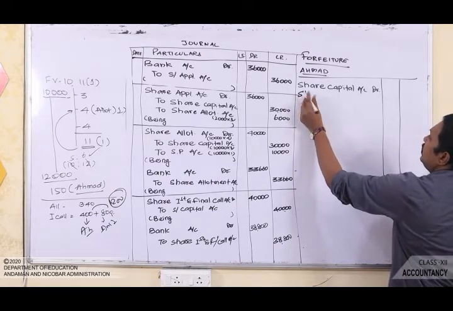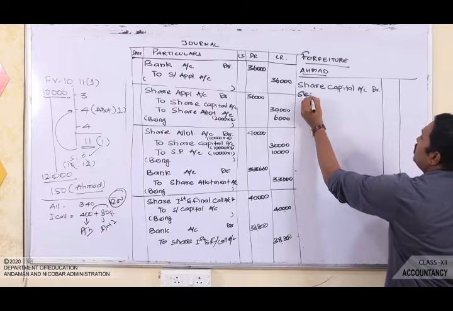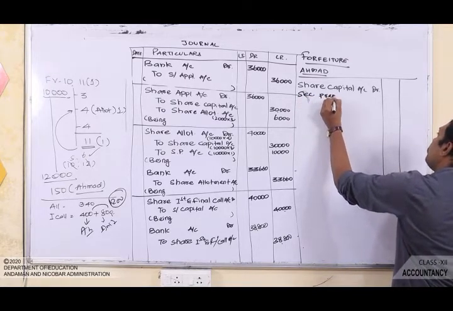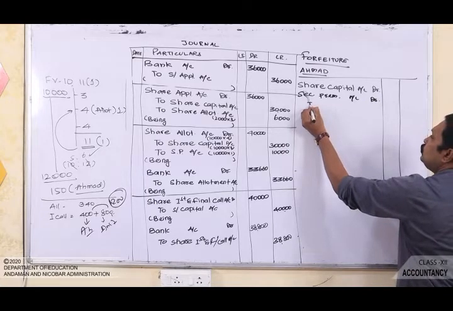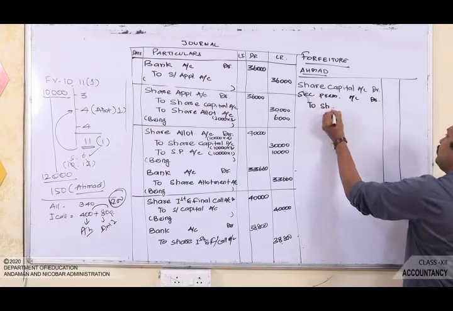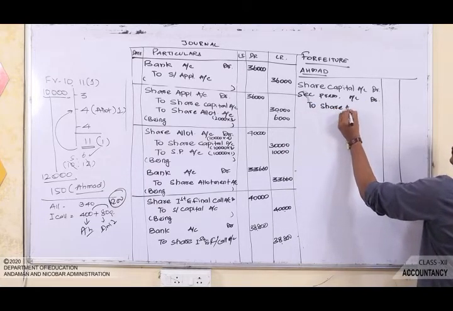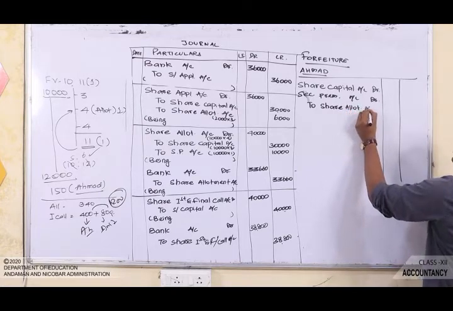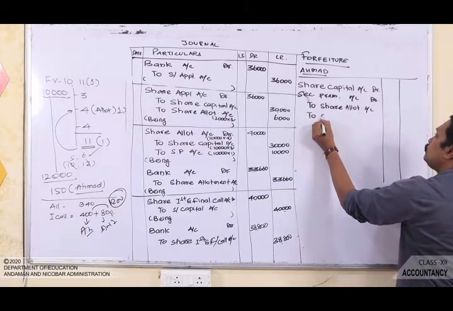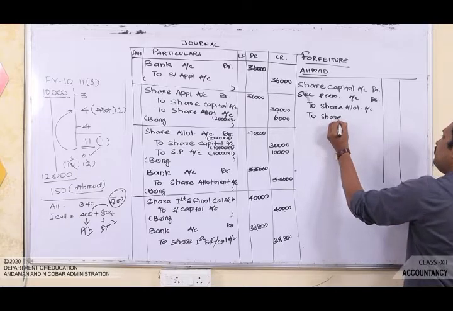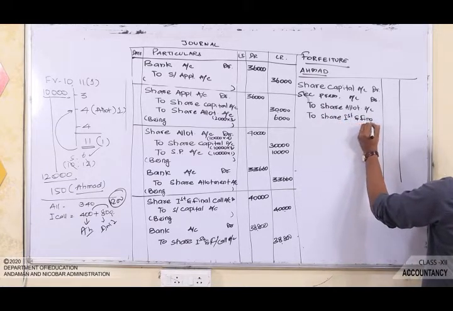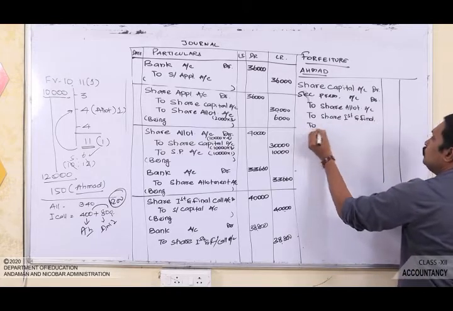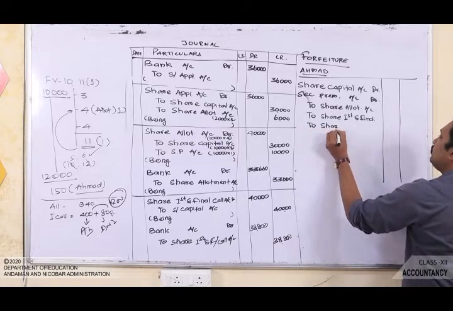That is securities premium account debit, to share allotment account, to share first and final call account, to share forfeiture account.